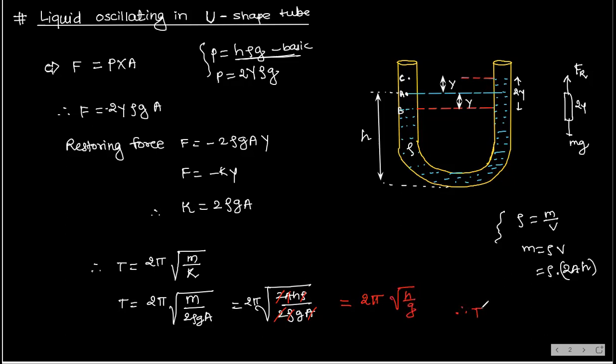Therefore the time period of oscillation in this case, when liquid is oscillating in the tube filled with liquid till height h, is 2 pi under root h by g. Understood?